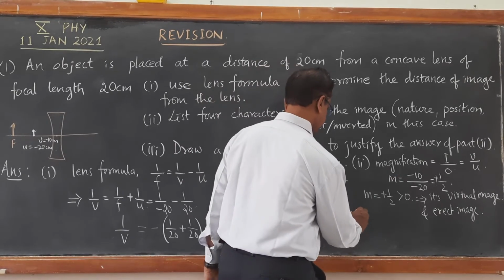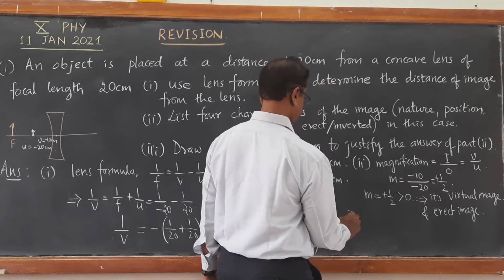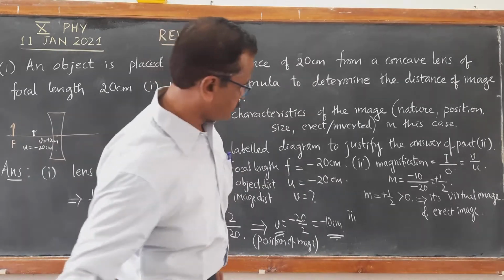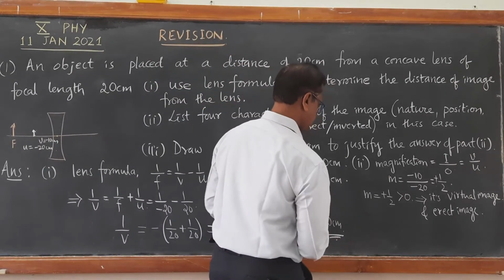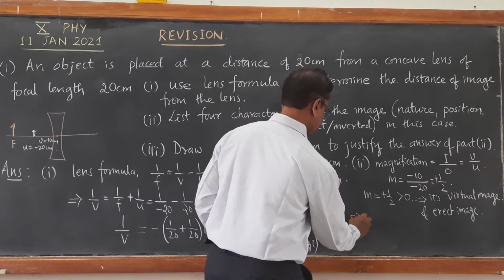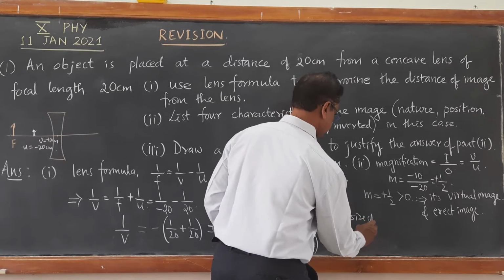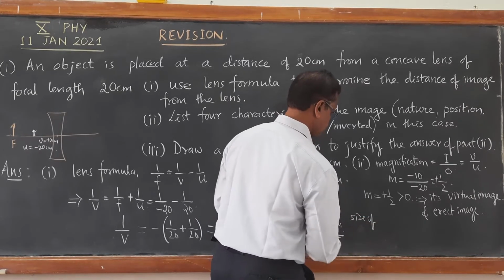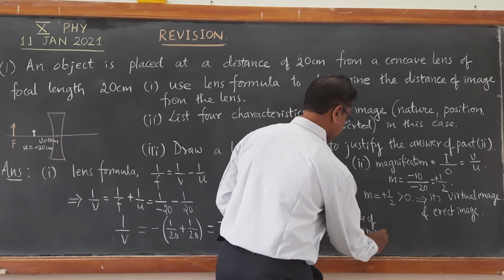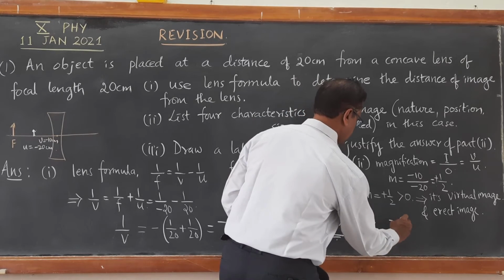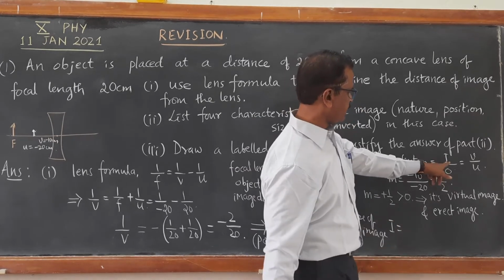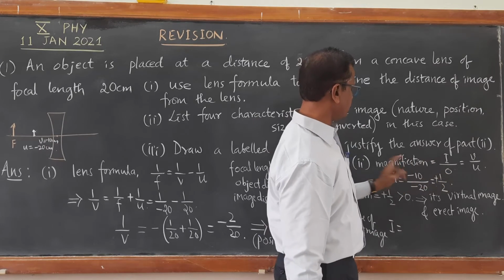Second one will be size of the image. Here itself I can write size of the image. Size of the image I is equal to size of the object into magnification.